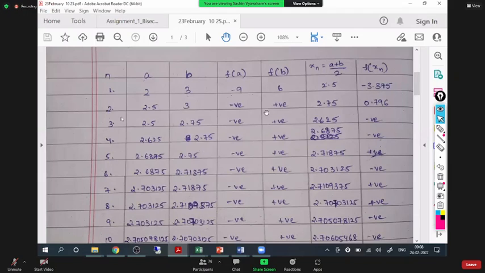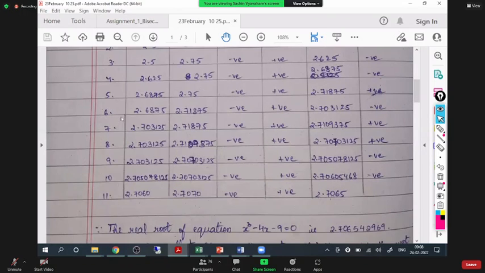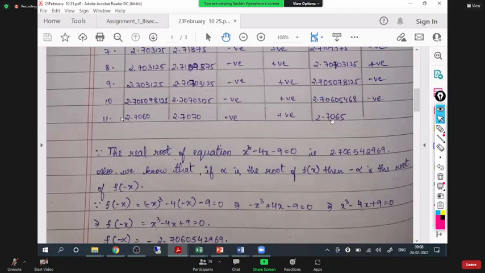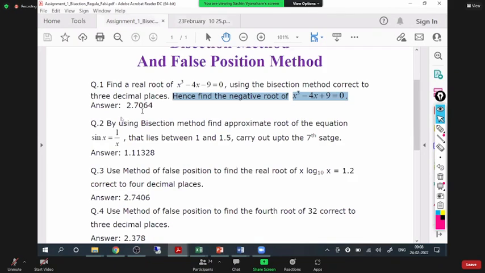As it is negative, it should replace a, because f of a is negative and f of xn is also negative, and that way it continues. After 11 iterations, it is observed that the first 3 decimals start repeating: 2.706, 2.706. You'll observe, yes, that's a correct answer, correct to 3 decimal places, and 2.706 is the answer.